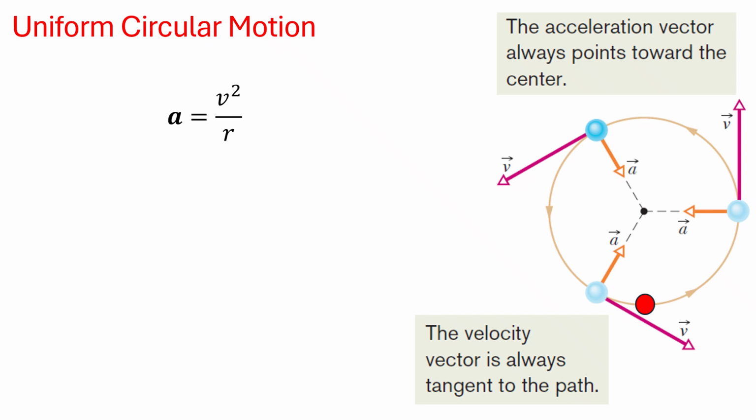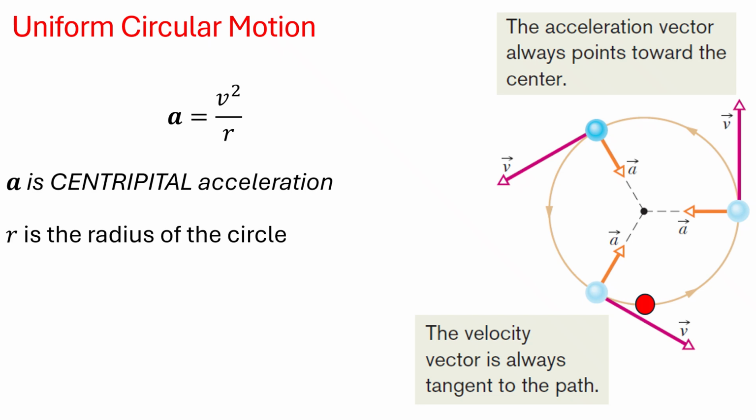In addition, during this acceleration at a constant speed, the particle travels the circumference of the circle, that is 2 pi r, in time capital T, that is called the period.